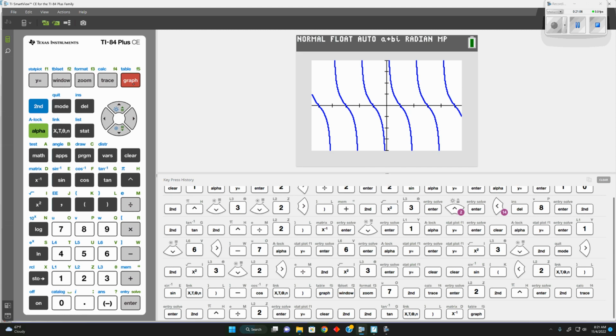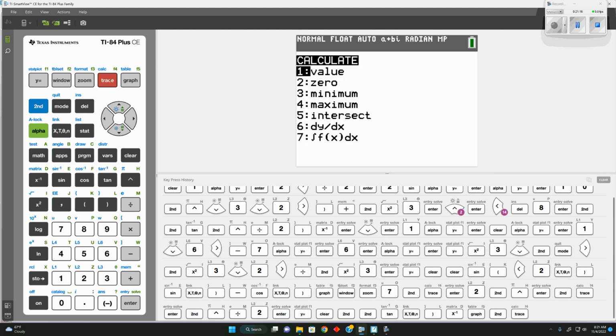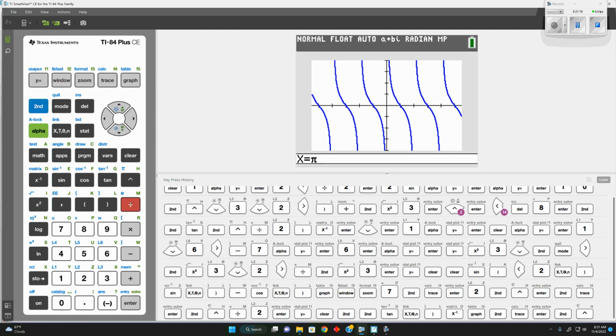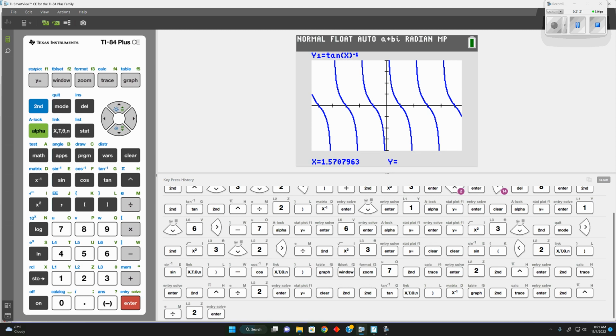So we have this here. So that's supposed to be pi over 2 where it's crossing, I believe, which is 0, yes? It shows us it's 0. It shows us it's crossing the x-axis. So I can go second trace value, pi divided by 2. It doesn't give us a y value. It gives us a value, just doesn't give us a y value.